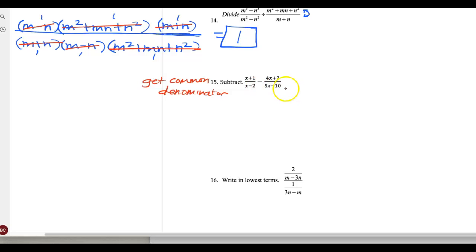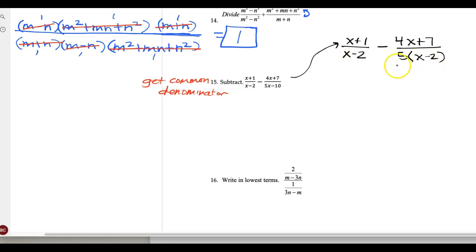Okay, so to do that, it's going to be easiest by factoring the denominators first. So I've got x plus 1 over x minus 2, that can't factor anymore, so I'll leave it like that. Then minus 4x plus 7, and then I need to look at this denominator here, and I see there is a greatest common factor that I can take out, so this can factor more. 5 comes out, leaving x minus 2.